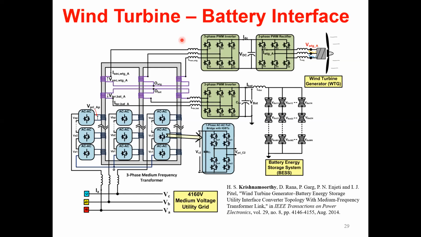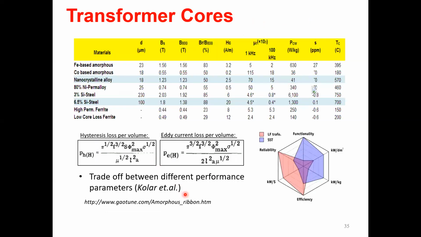So we have to do something if we are using the same core material. Let's say we are using a 50 or 60 hertz transformer and we still want to use the same silicon steel core used in conventional applications, then we have to find a way to reduce the flux density a little bit. Otherwise, the core losses are going to be significantly higher with the same material.